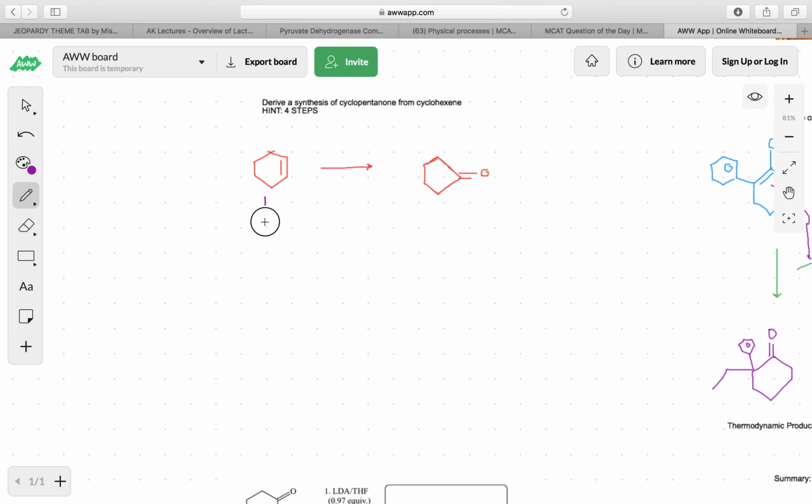So we start with this, and we can use oxidative ozonolysis. So let's use H2O2. And that means we're going to get 6 carbons, so 1, 2, 3, 4, 5, 6. And at the end of each carbon, since we're using oxidative ozonolysis, we should get carboxylic acids.